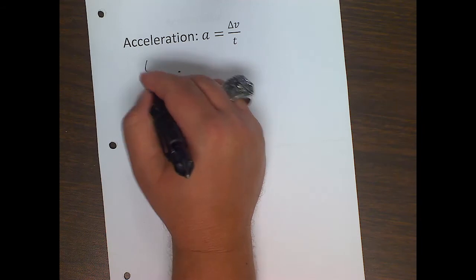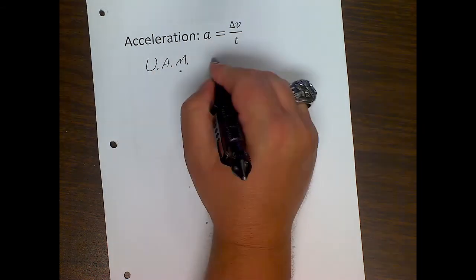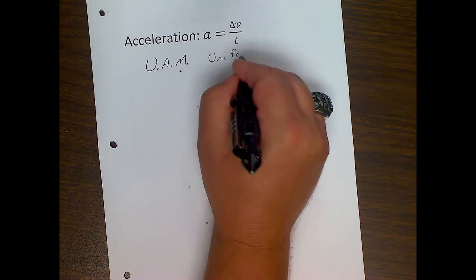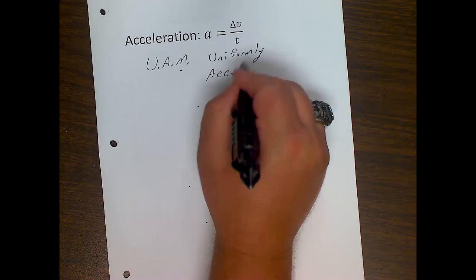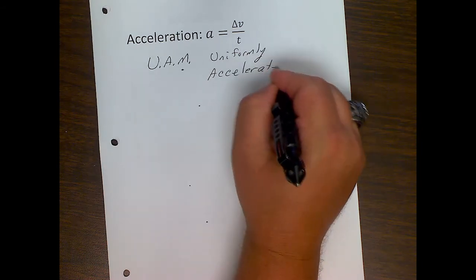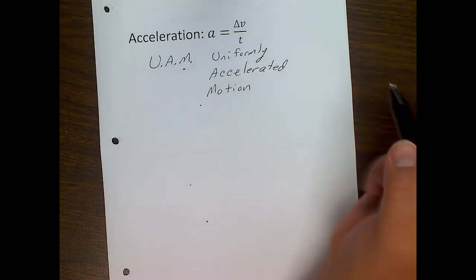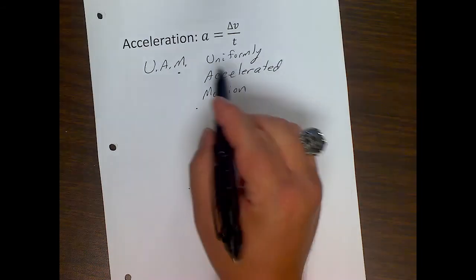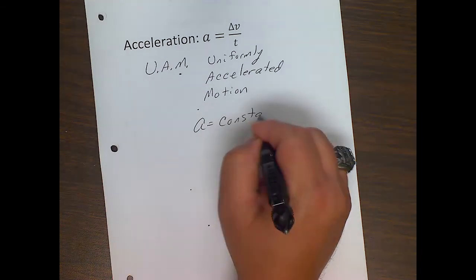Now, acceleration. For this class, we are going to be working with what we call UAM, uniformly accelerated motion. What that means is that your motions will all have a constant acceleration.